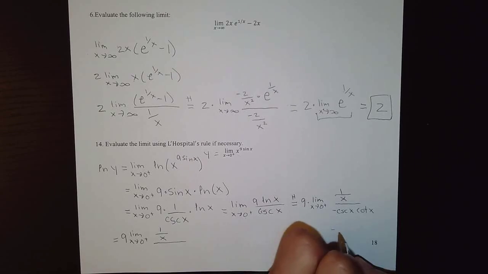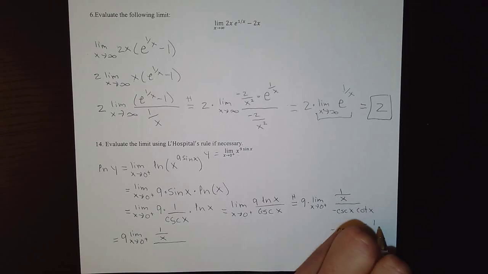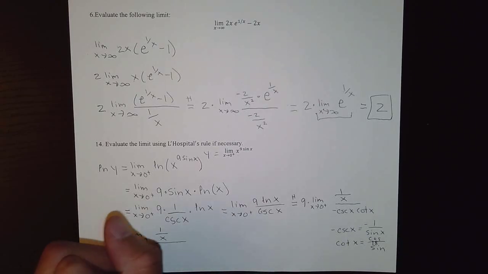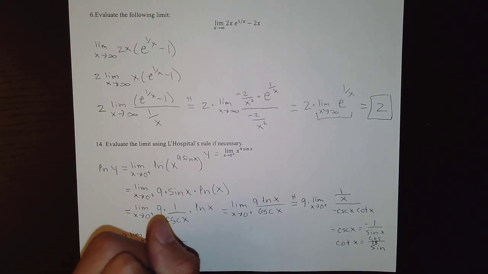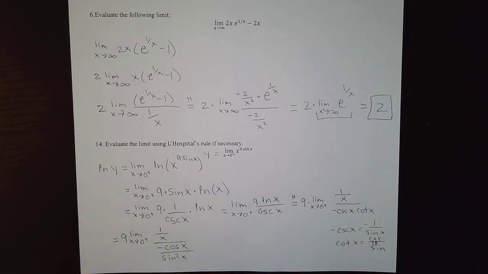So this is negative 1 over sine of x, and cotangent x is actually cosine over sine. And so what that means is I have a negative cosine of x divided by sine squared of x.